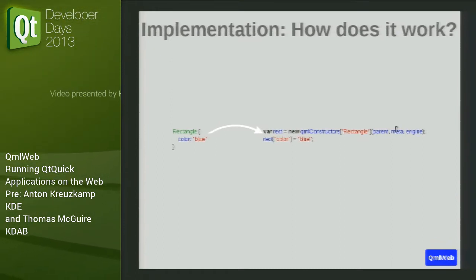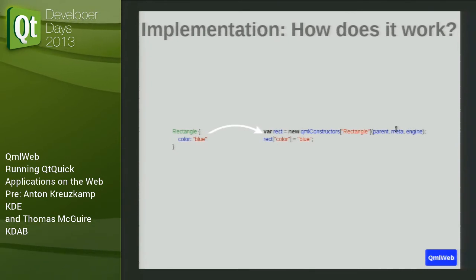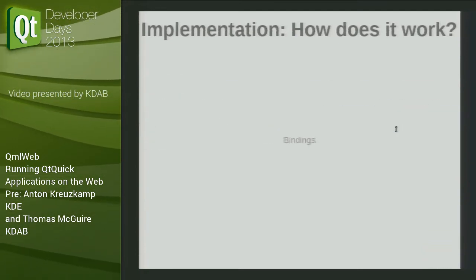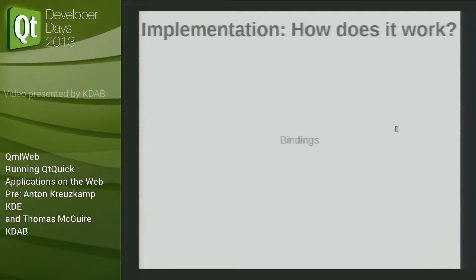An object is created using this line of code, passing the meta, which is the parsed code, and then the color blue is passed to the property simply using that syntax.